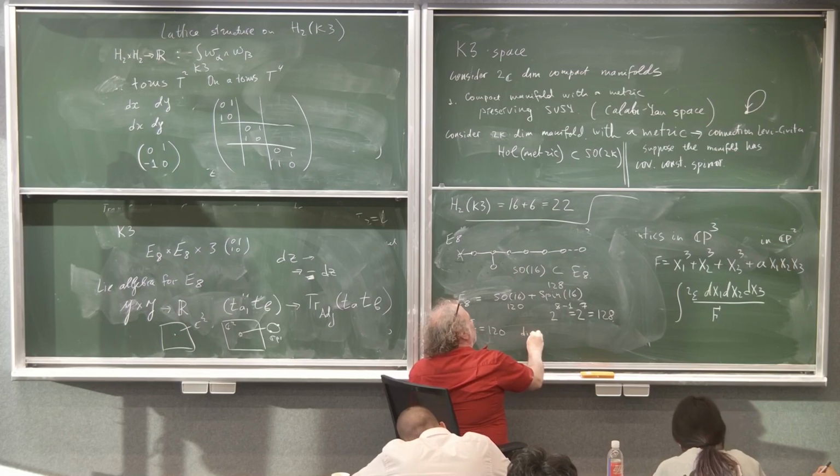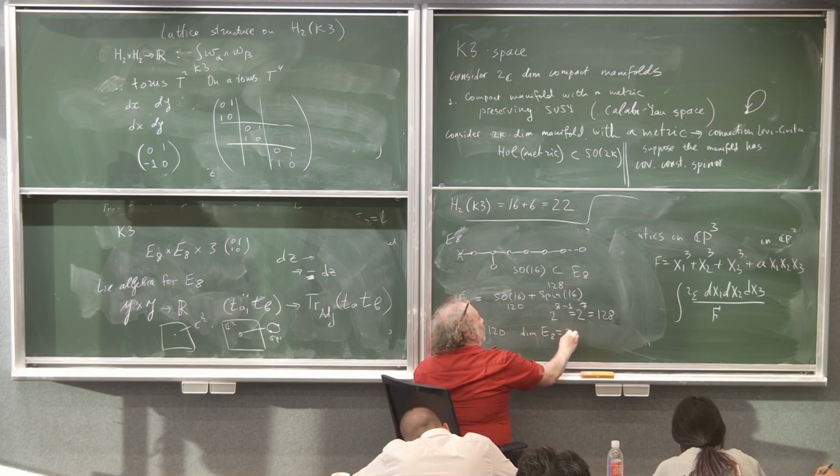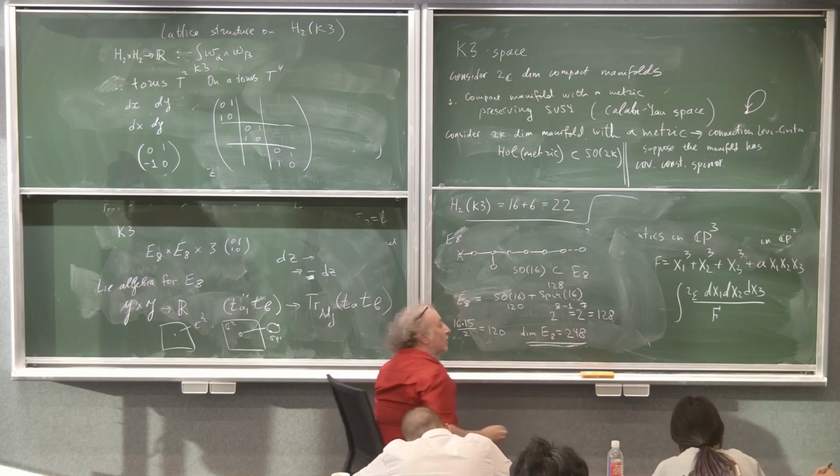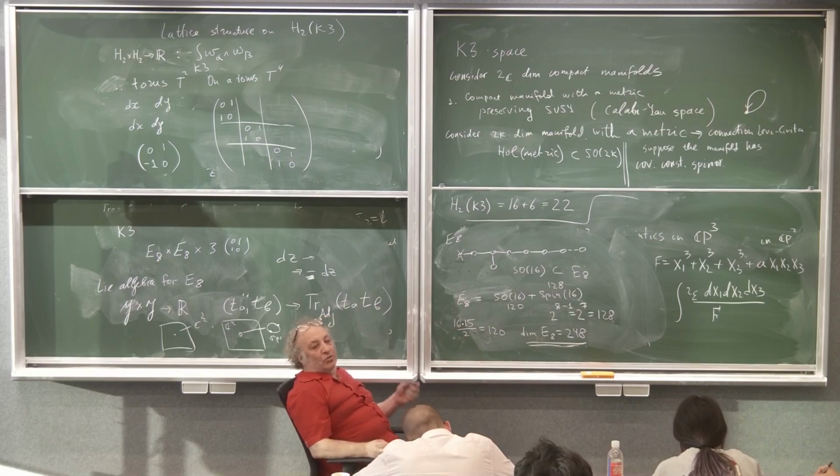So totally, the dimension of E8 is 248. And you may look in the textbooks and see that actually the dimension of E8 is 248.